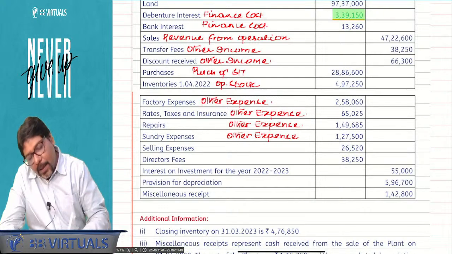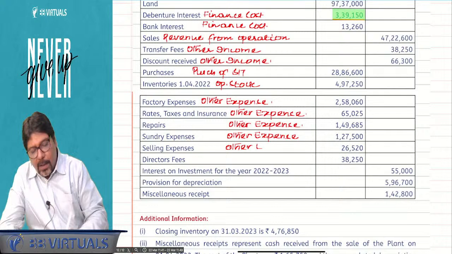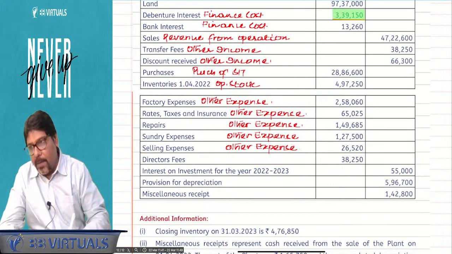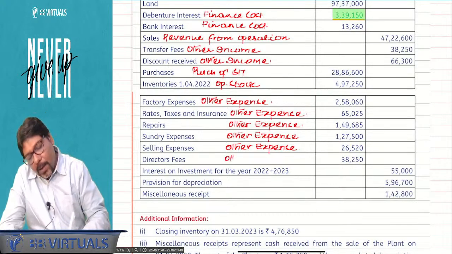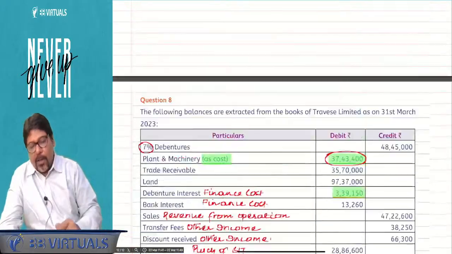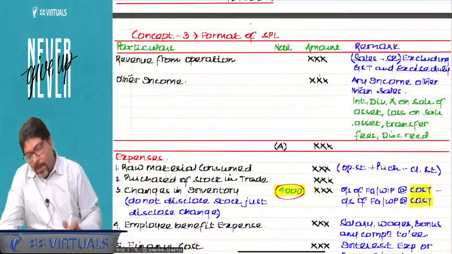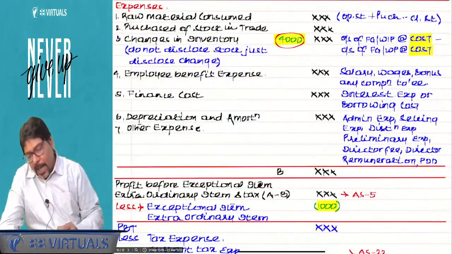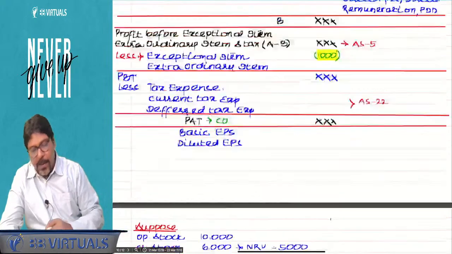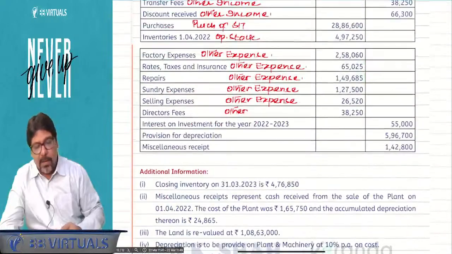Then selling expense is again other expense. Then director fees, this is also other expense. All this we learned yesterday only. Admin, selling, distribution, preliminary, director fees, director remuneration, PDD, all is other expense.